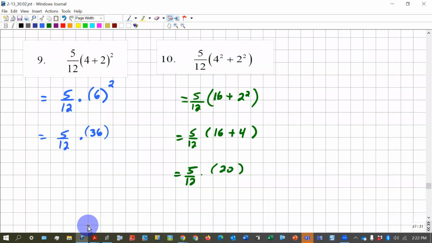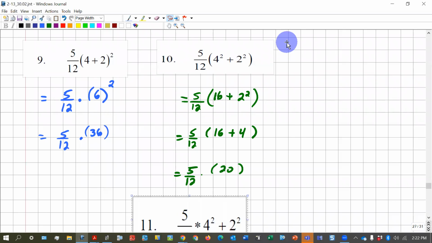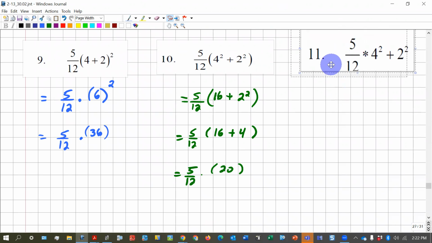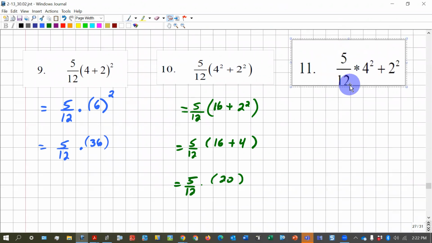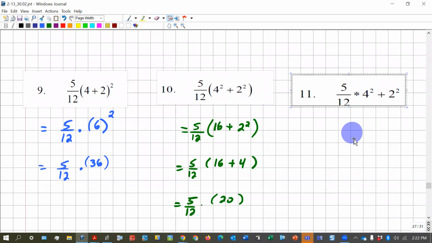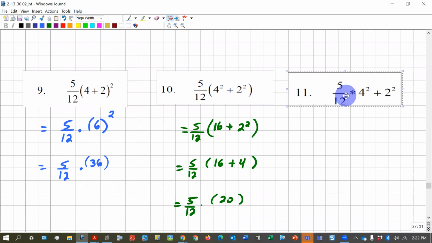If you compare problem 11 to problem 10, this time there aren't any parentheses. But there are 2 exponents still.